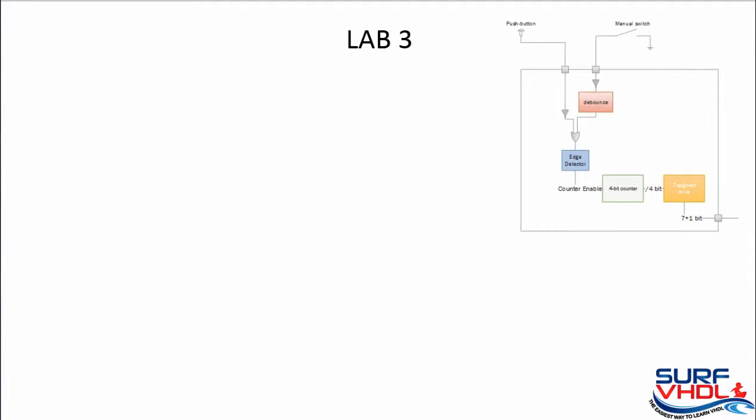Now it's time to write your code. In the previous lab we designed the FPGA with edge detector, counter and segment driver. In this case, we need to add the bounce logic at the manual switch input.